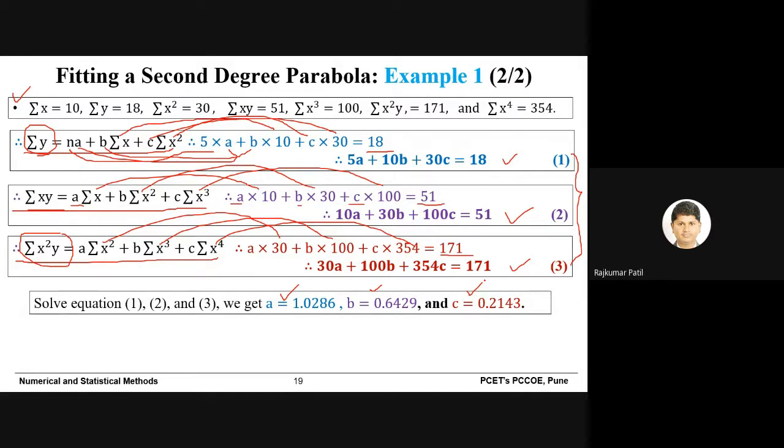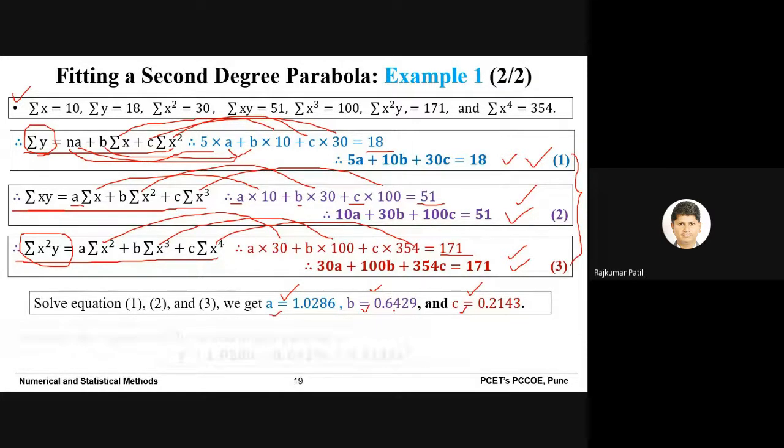So what you need to do is just put the values of equations 1, 2, 3 in the Python code, and directly you will get the values of a, b, and c. So that trick you can use to solve the given problem in less time. So this is how we can calculate the values of a, b, and c.